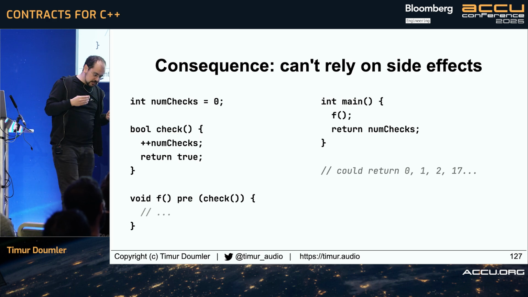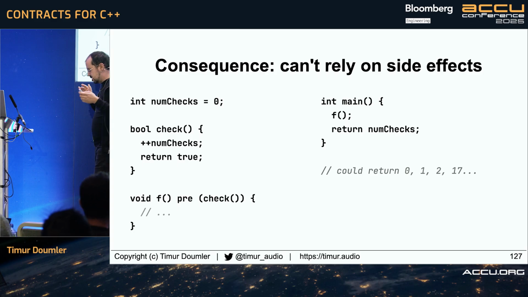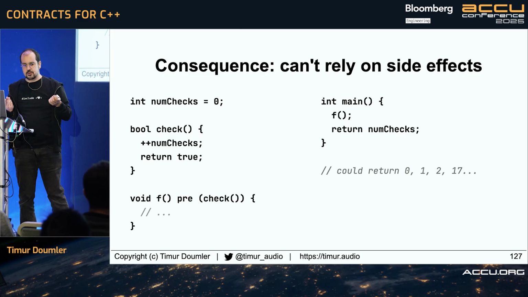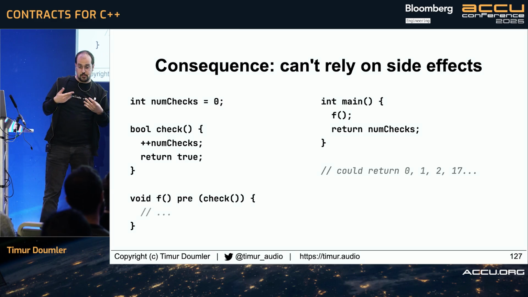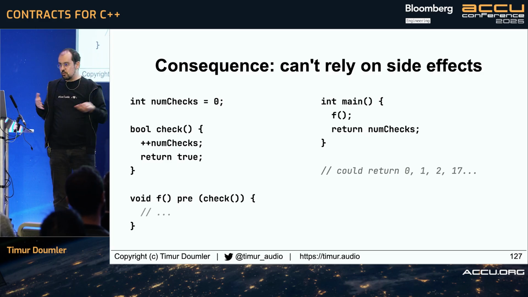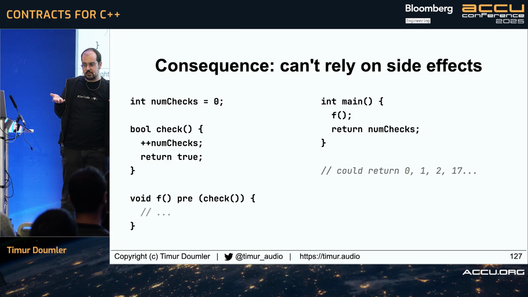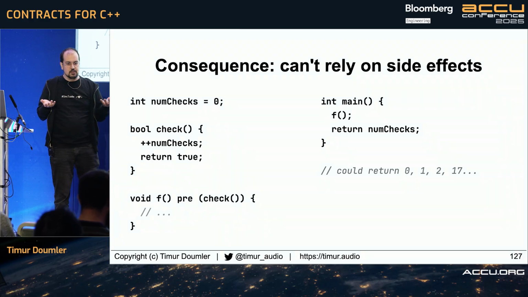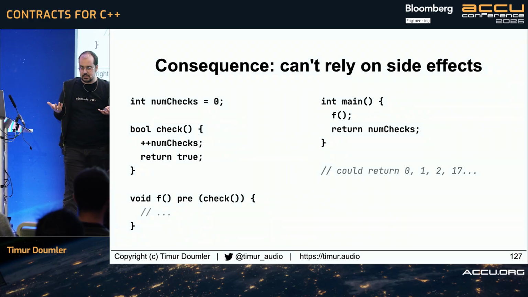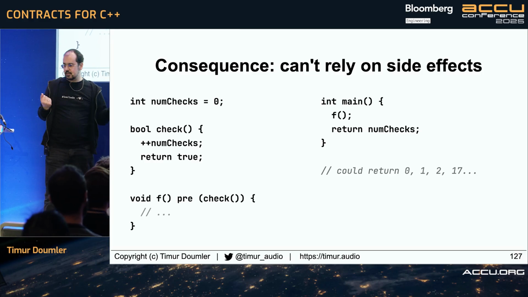So what this is, essentially, is an exception from what we call the as-if rule. It's like copy elision, which you already have, right? If you have a copy constructor and the copy constructor has a side effect, because we have copy elision, you don't know whether those side effects of your copy constructor will happen or how many times they will happen, because the compiler is free to elide the copies, right? It's kind of the same here.